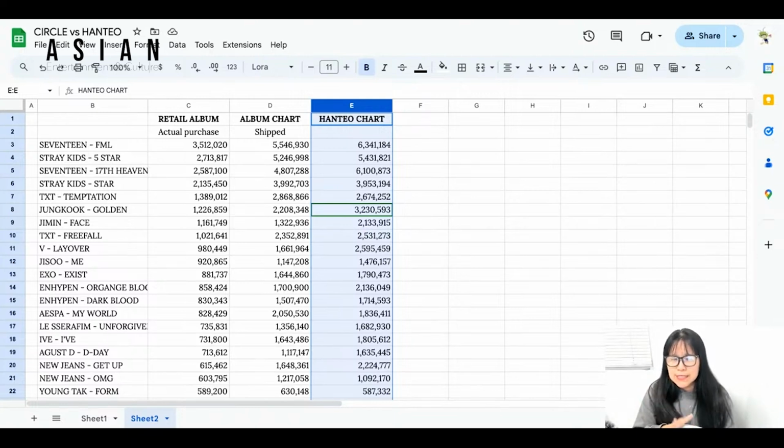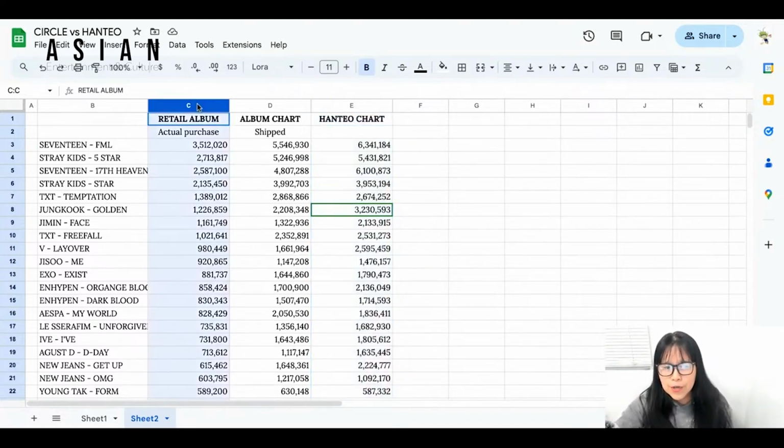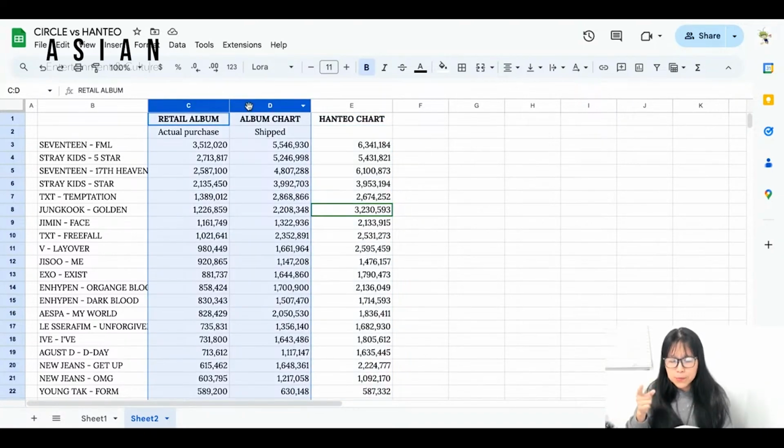Okay, so this is an unofficial explanation as to why there is such a huge difference. Because remember, for awards and for Billboard and other international charts, Circle Chart is what they look into. They don't refer to Hanto. They just refer to Circle Chart.